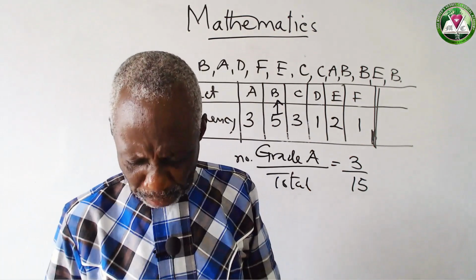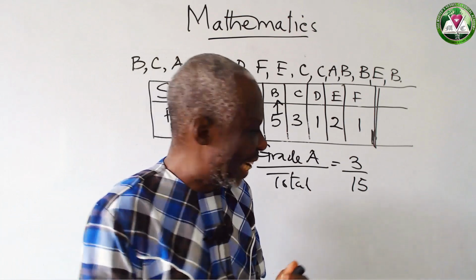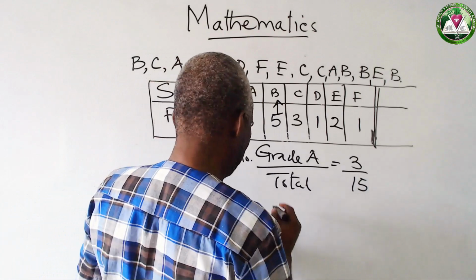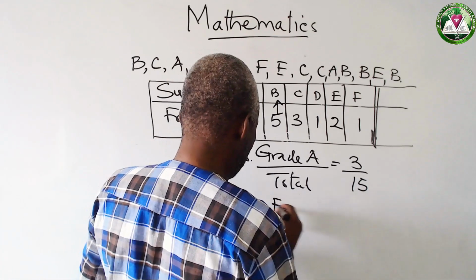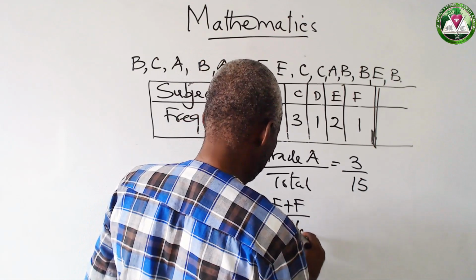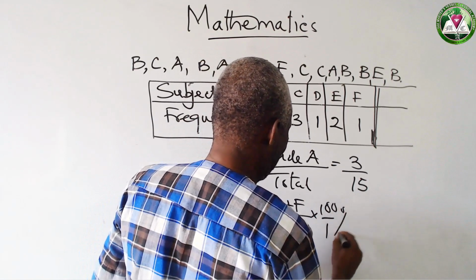And they say we should express this in percentage. Expressed as a percentage, that will give us grade E plus grade F all over total, then times 100 all over 1%.